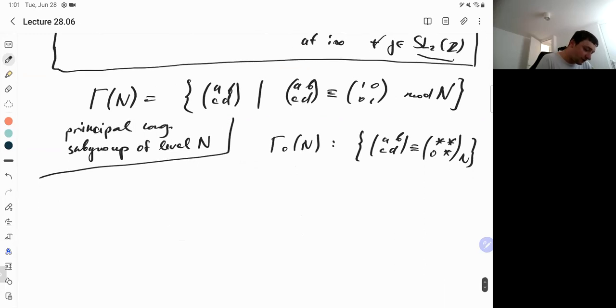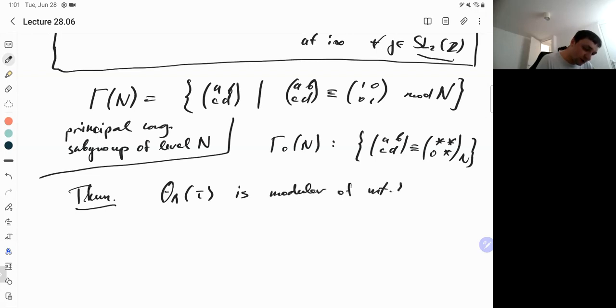And then there's a theorem, which I'll talk about maybe tomorrow, that theta_Lambda(tau) is modular of weight d over 2 for some Gamma_0(n), so for some group of this type.